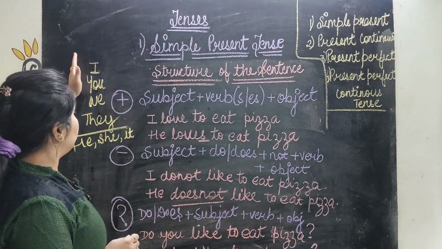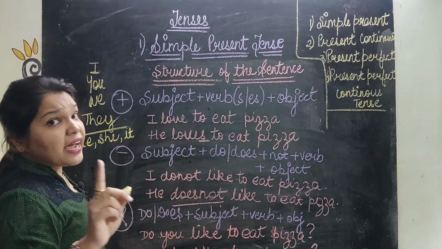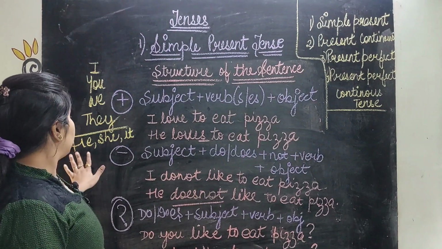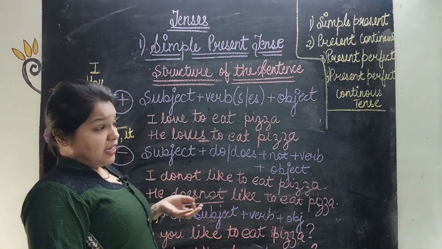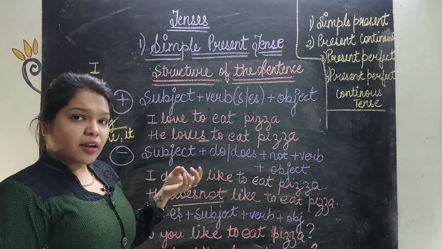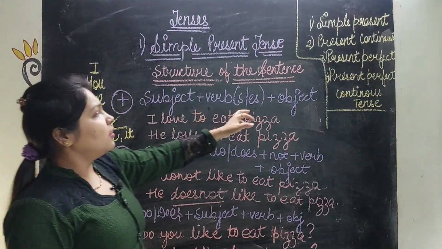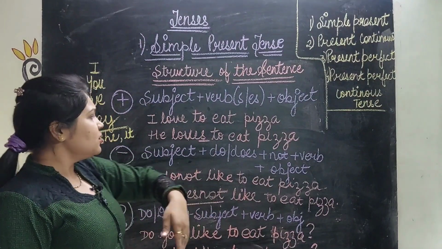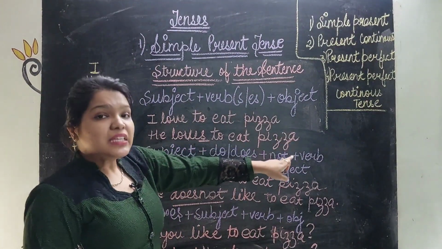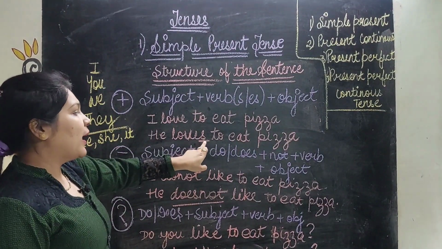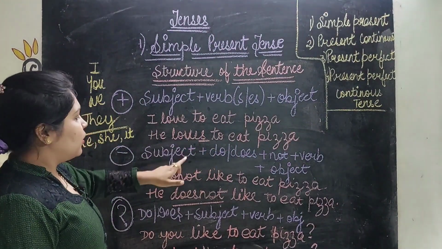Major difference: for these four, you will not add s. And with he, she, it, we will use s or es, meaning the singular form of the verb. He loves to eat pizza. Loves, we added s. Okay.